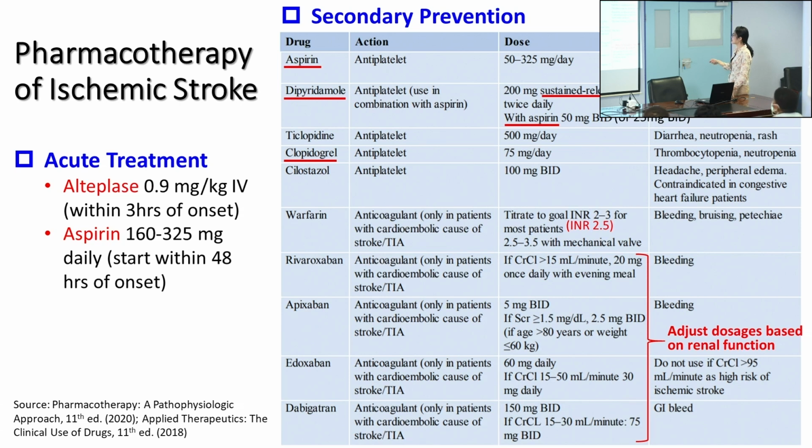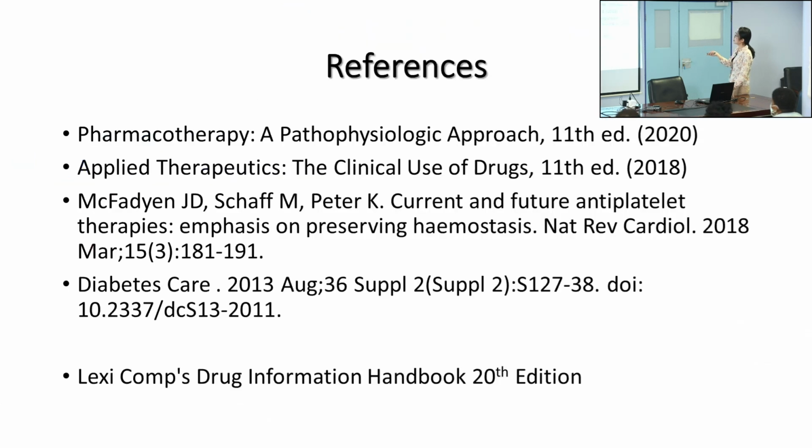We may also use that for secondary prevention. Yes, but what you have to be aware of is that when you are using the new direct oral anticoagulants, you may have to adjust the dose when the patient has renal dysfunction. Okay, and I think this is the end of my part. Thank you.